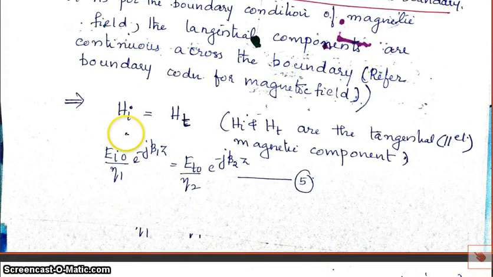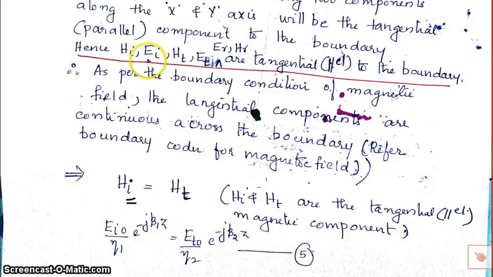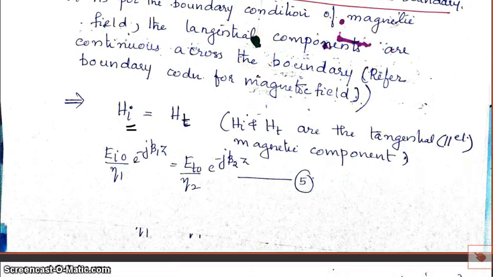So coming back to the derivation, we can write Hi is equal to Ht, because Hi and Ht are the tangential magnetic components. I told you that Hi, Ei, Ht, Et, Er and Hr are parallel to the boundary.